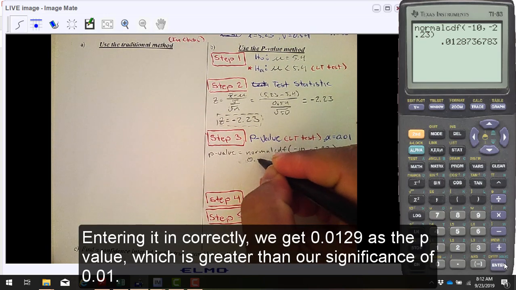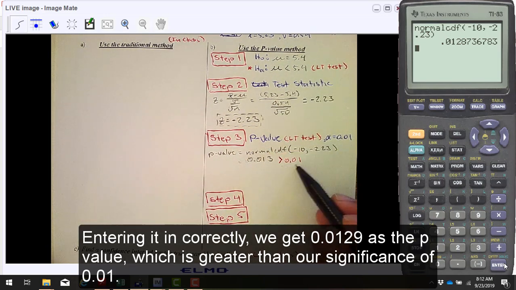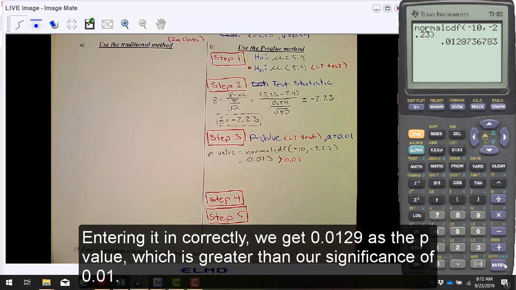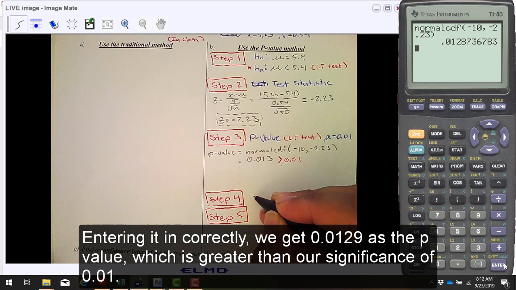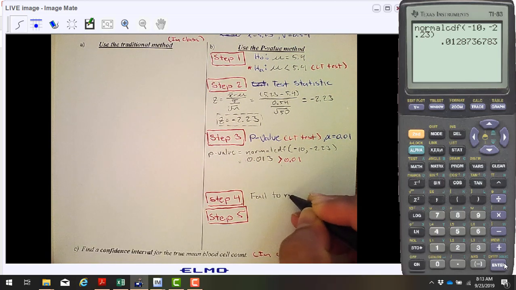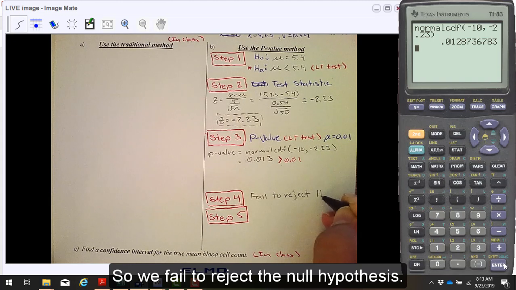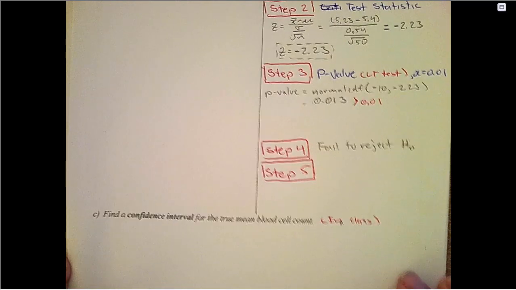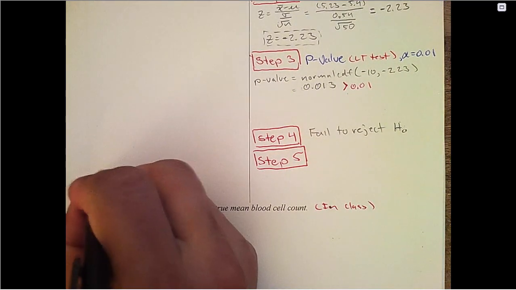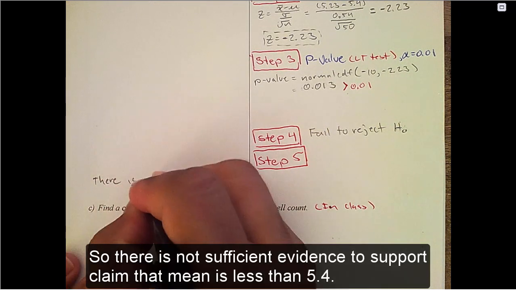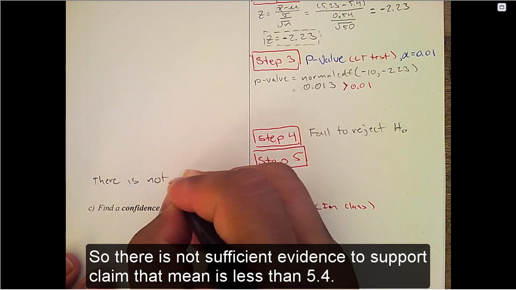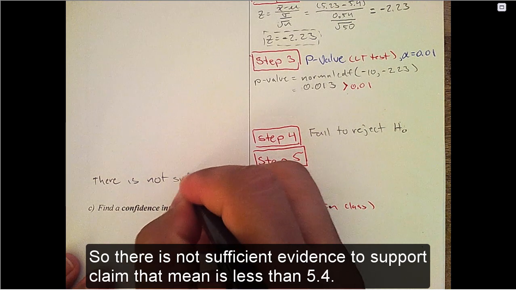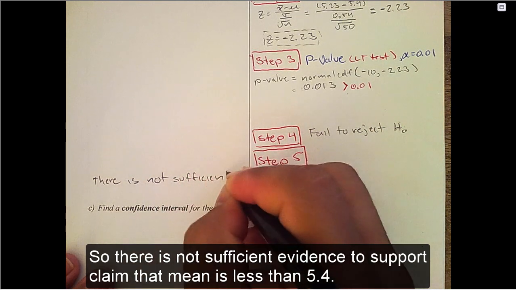Entering it correctly, we get 0.0129 as the p-value, which is greater than our significance of 0.01. So we fail to reject the null hypothesis. So there is not sufficient evidence to support the claim that the mean is less than 5.4.